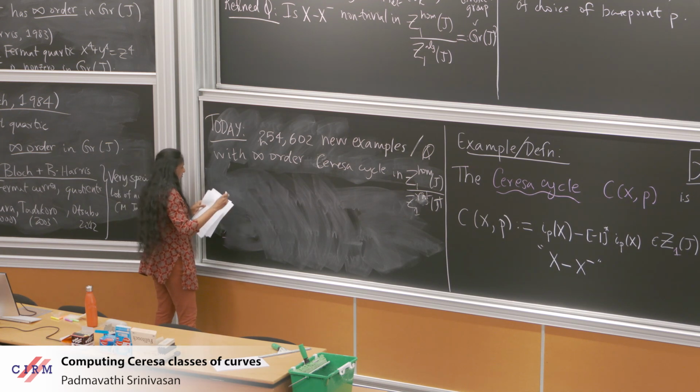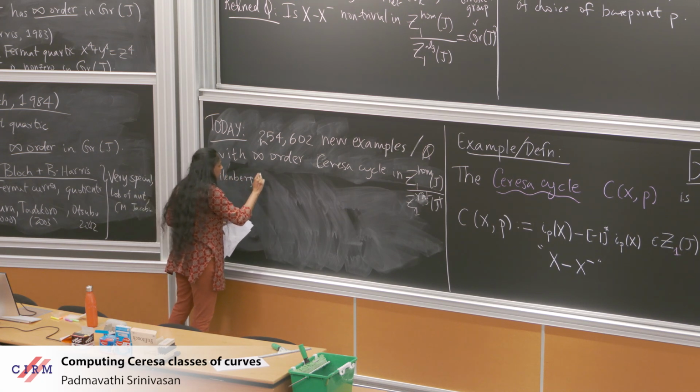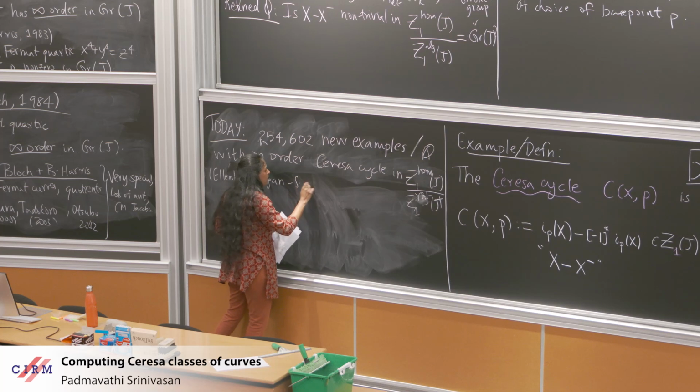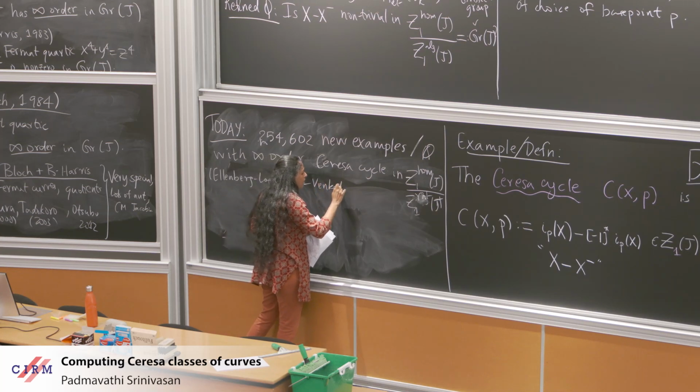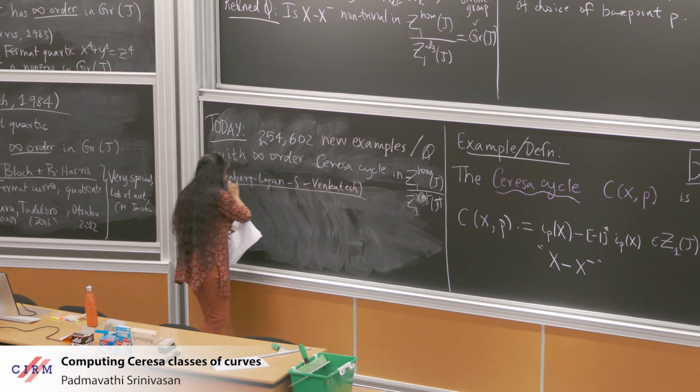So, theorem: this is again joint with Einberg. Having a rational point is not important for what we do.